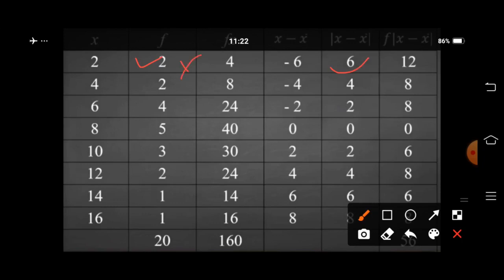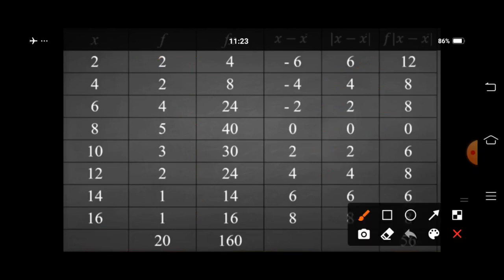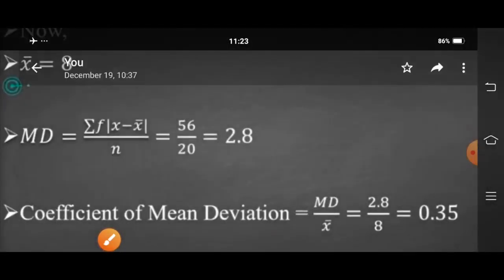We will get 2 into 6, 12. 2 into 4, 8. 4 into 2, 8. 5 into 0, 0. 3 into 2, 6. 2 into 4, 8. 1 into 6, 6. 1 into 8, 8. The total of sigma f absolute value of x minus x bar would be 56 here.